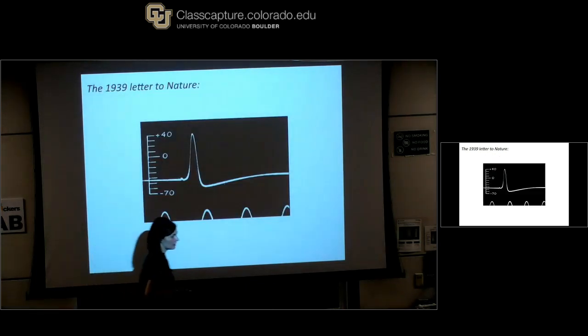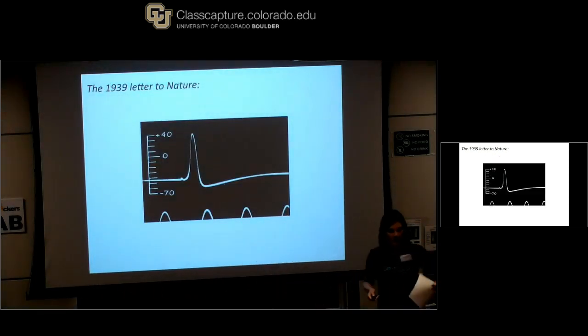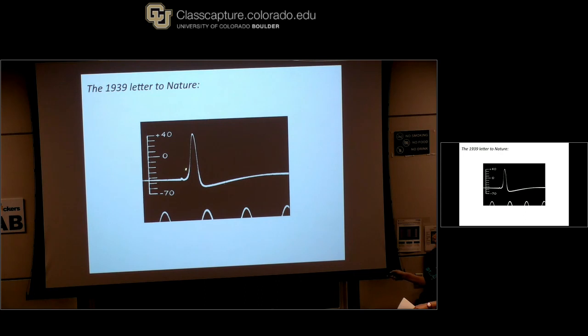So in 1939, they published a letter to Nature where this is one of their graphs, which I think you can tell is a photograph of an oscilloscope screen. And they didn't give really any kind of quantitative description of what was going on, but they were able to measure the voltage in the squid giant axon when it was sending this electrical signal.